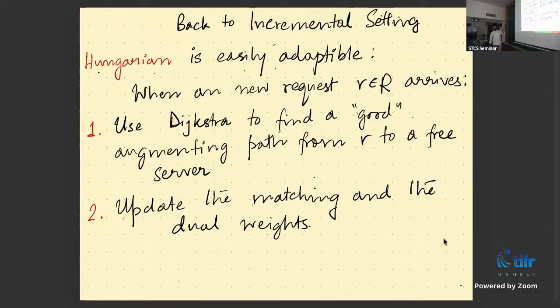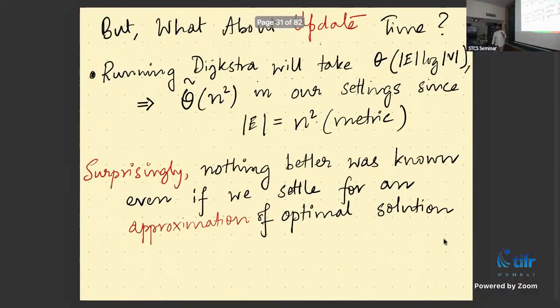All right. So that's one algorithm. But here is the thing. Remember, we are working with a metric space. So how much time will Dijkstra take for each update? It will take time which is like n square, O tilde of n square, simply because there are n square many edges.